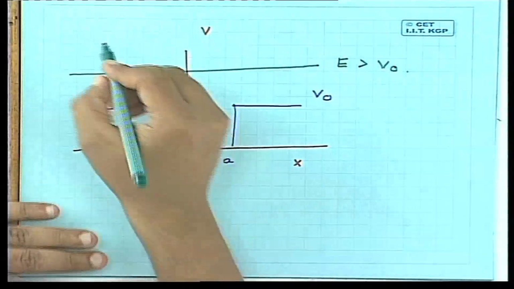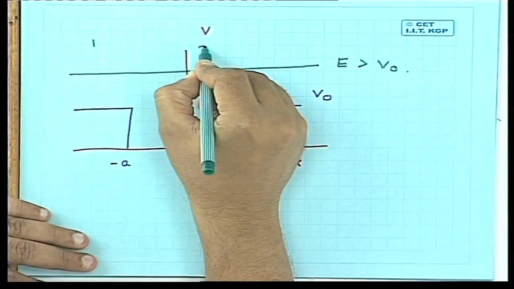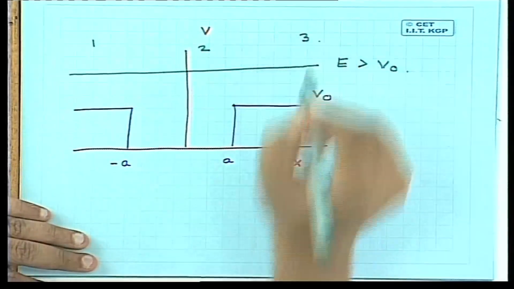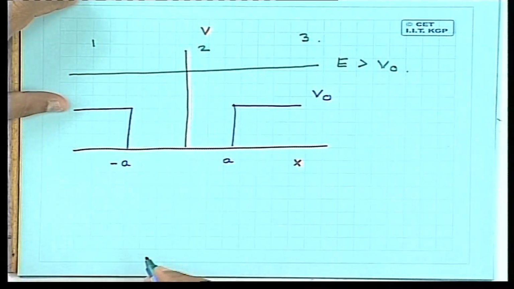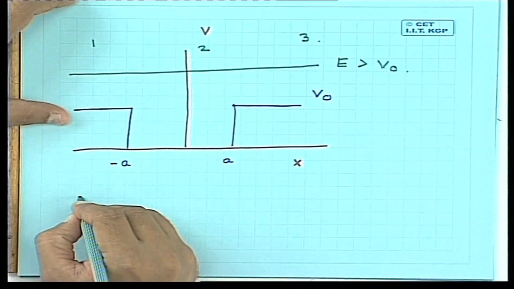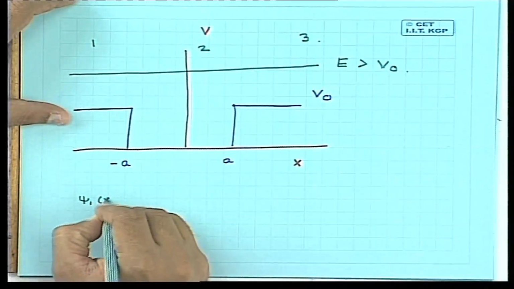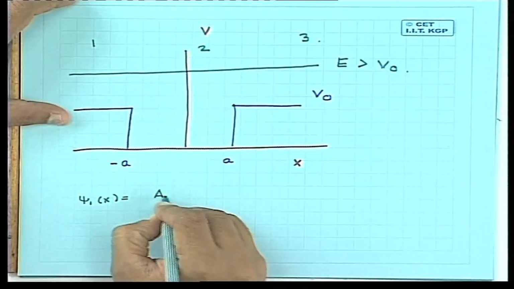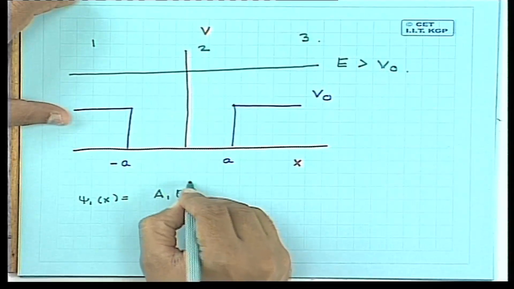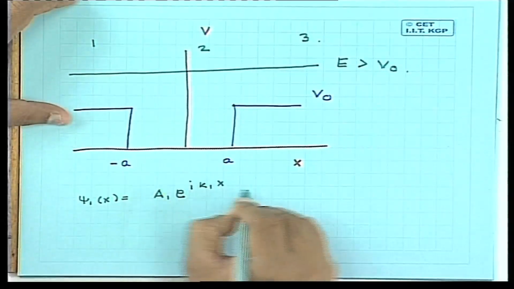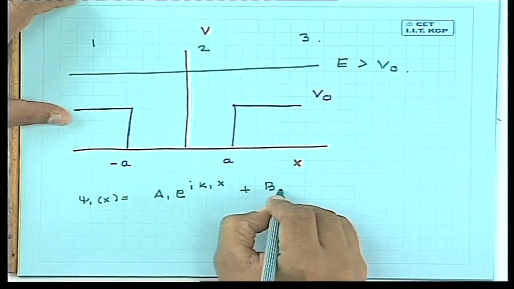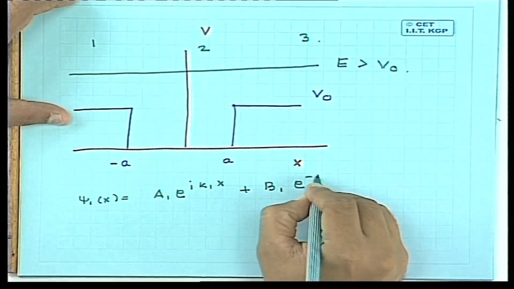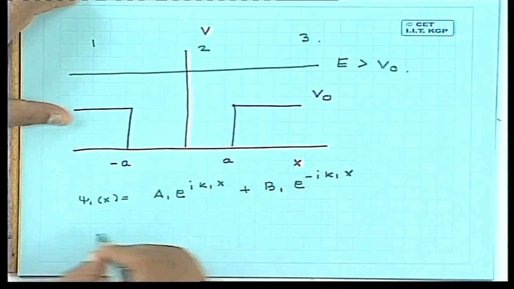Now this is region 1, this is region 2, this is region 3. The wave function in region 1 is psi 1 of x equal to a1 e to the power i k1 x plus b1 e to the power minus i k1 x.